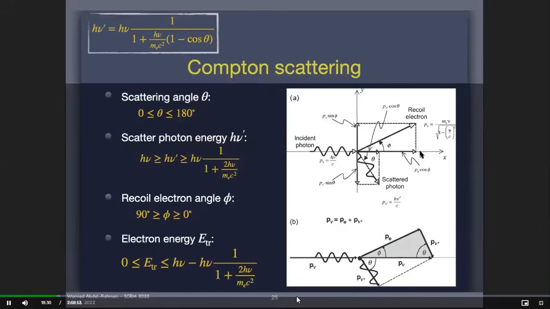Using the laws of conservation of energy and momentum, we can derive a formula relating the energy of the scattered photon to the energy of the incident photon. The general rule is that the scattering angle of the photon is always between 0 and 180 degrees. At 180, that's called a backscattered photon. And the recoil electron will be at an angle between 0 and 90 degrees.